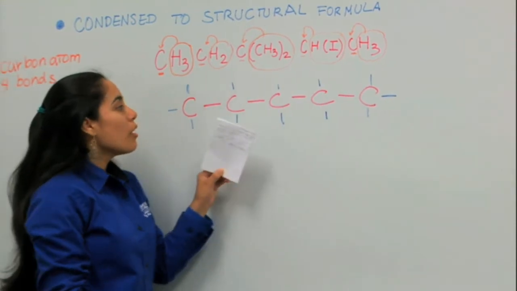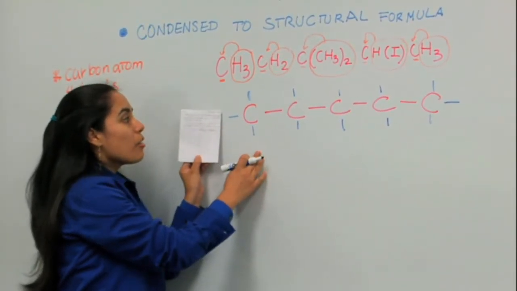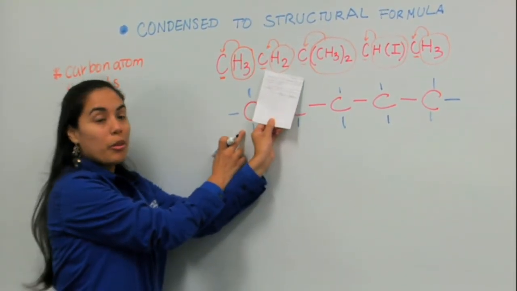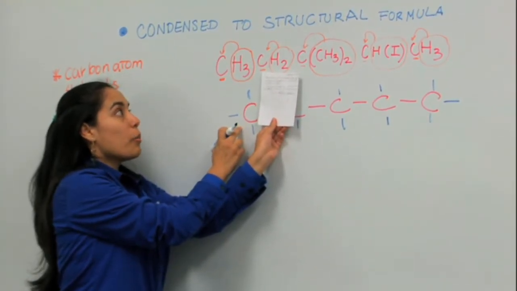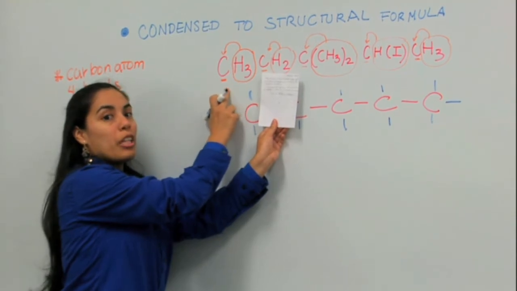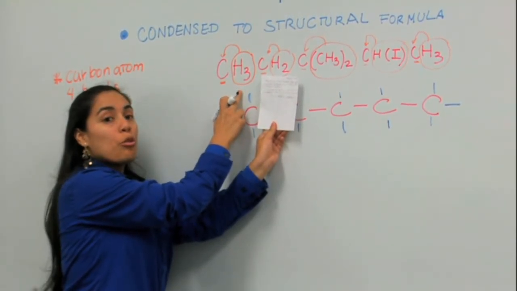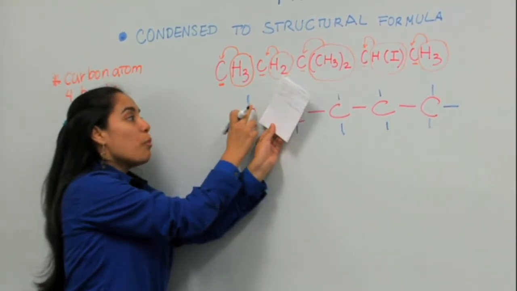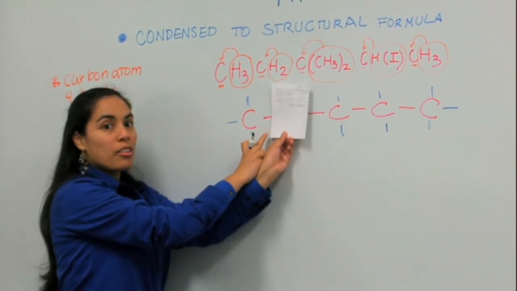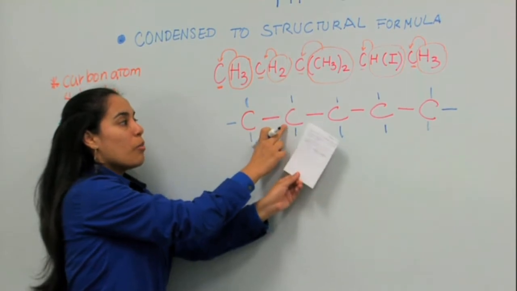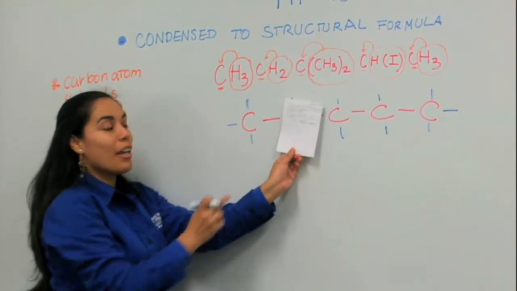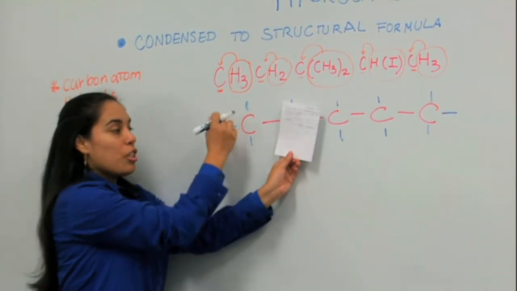Okay? Next, this carbon here is going to be representing this carbon here, but it is bonded to 3 hydrogens, so I need to put them wherever their bonds are available. And since this carbon is already occupied by another carbon, I need to put the hydrogens here.